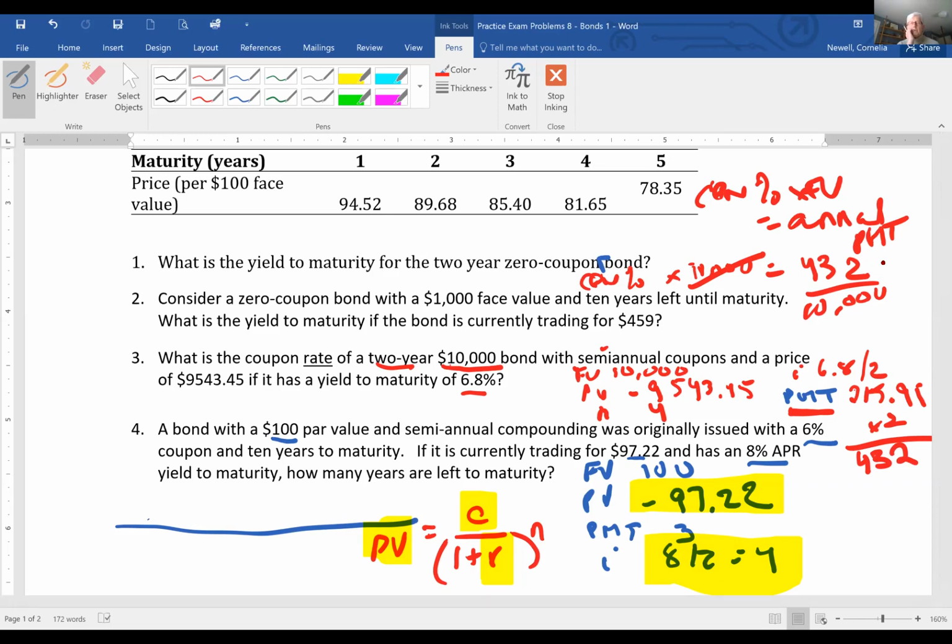Vivian, how you doing with that? I feel like it's just the wording. I understand that in the equation you can isolate N and you can solve for N, but it's just the way it was worded. Okay, so how many years are left to maturity? Maturity is this number right here.